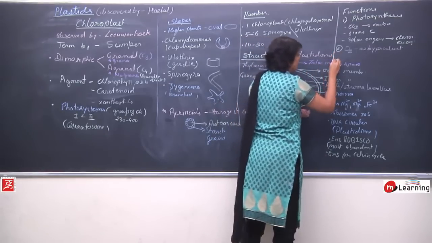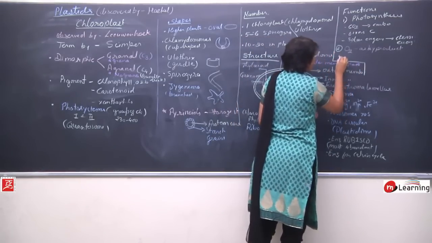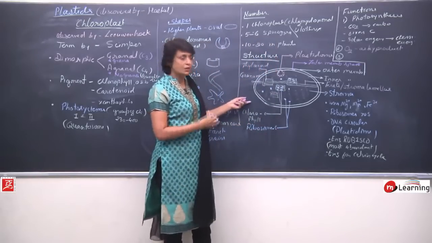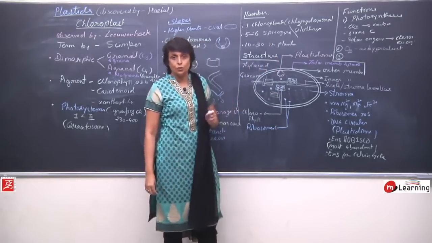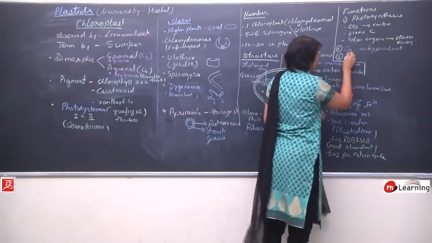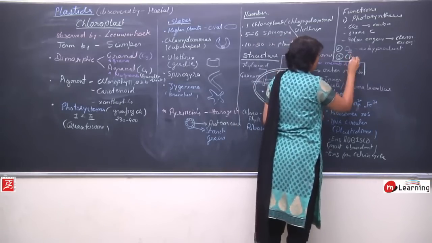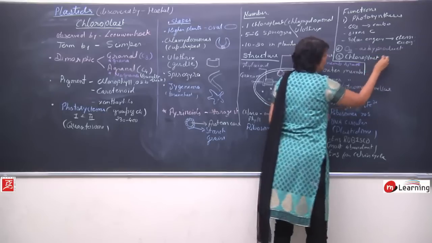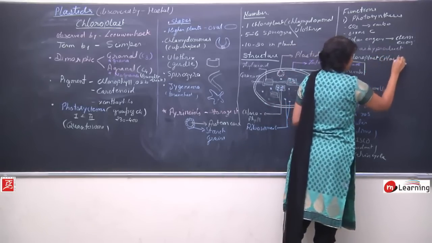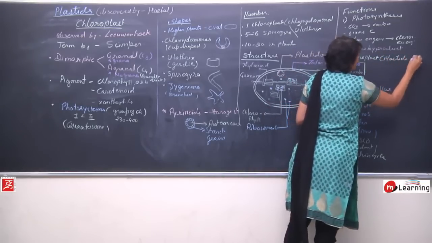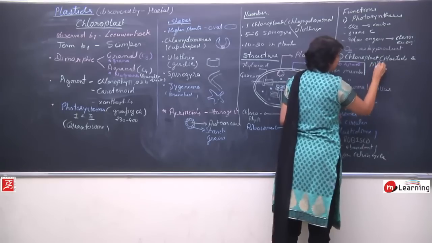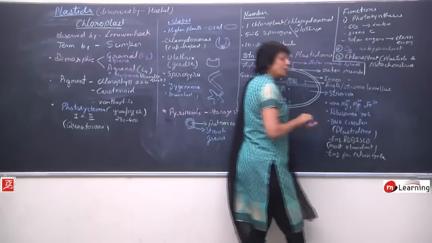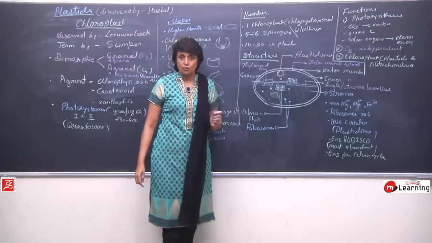One more function which is performed by chloroplast, or plastids for that matter, and mitochondria. So we are bringing mitochondria here again. Chloroplast, or we can write plastids, and mitochondria, both are semi-autonomous.